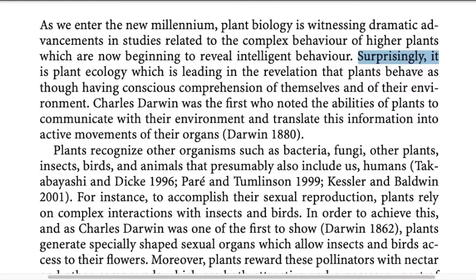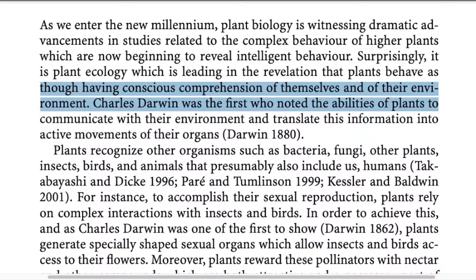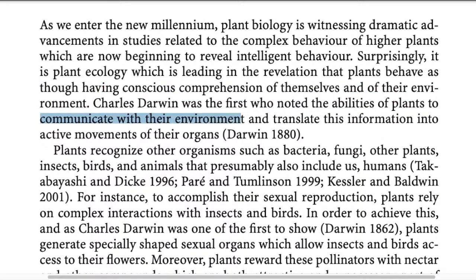Surprisingly, it is plant ecology which is leading the revelation that plants behave as though having a conscious comprehension of themselves and of their environment. Charles Darwin was the first who noted the abilities of plants to communicate with their environment and translate this information into active movements of their organs.